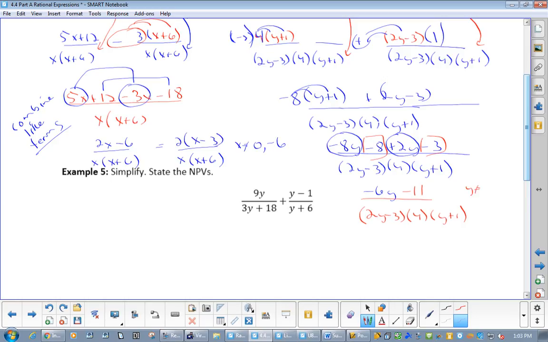Y cannot equal. What would be bad here? No, not 2 over 3. 3 over 2. Right? The trick is always bring this down here and then use the opposite sign. Okay? What else? Negative 1. Okay, so that would be your final answer on that one.